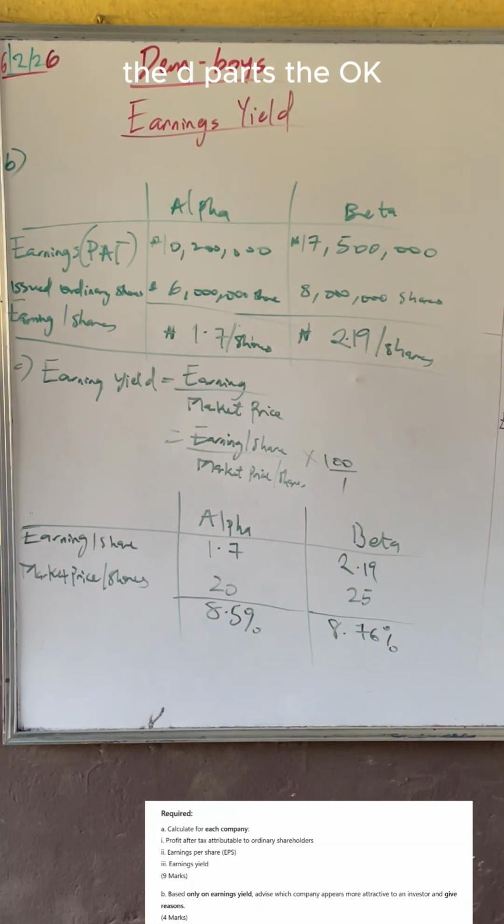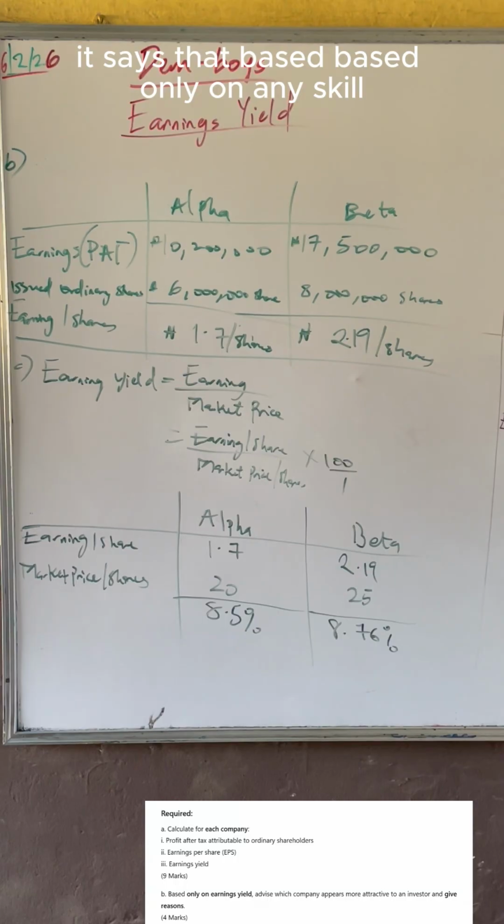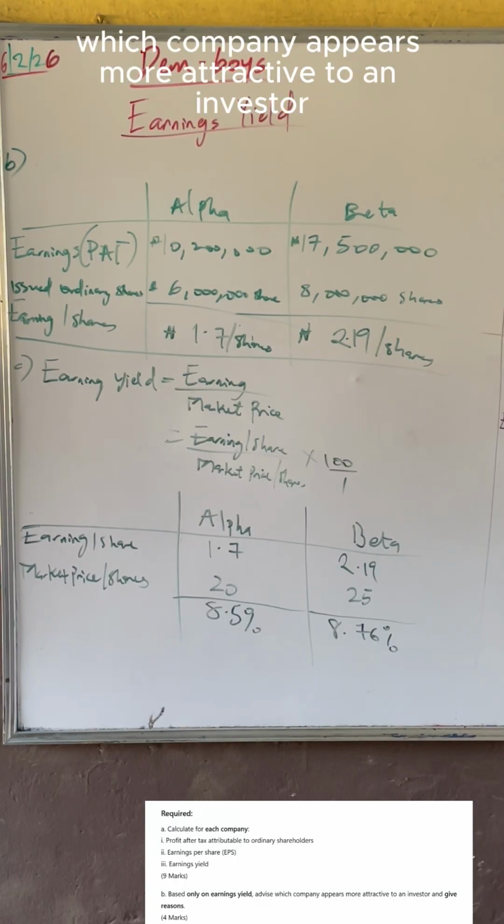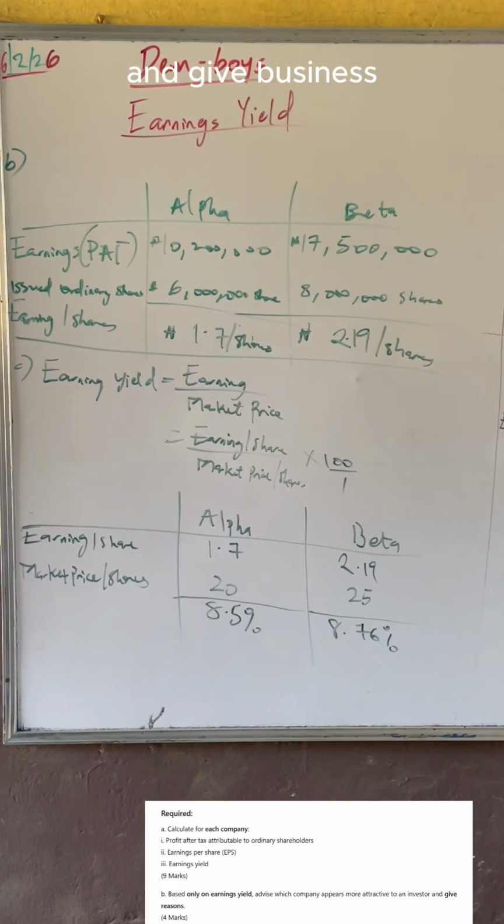Now the D part says that based only on earnings yield, advise which company appears more attractive to an investor and give reasons.